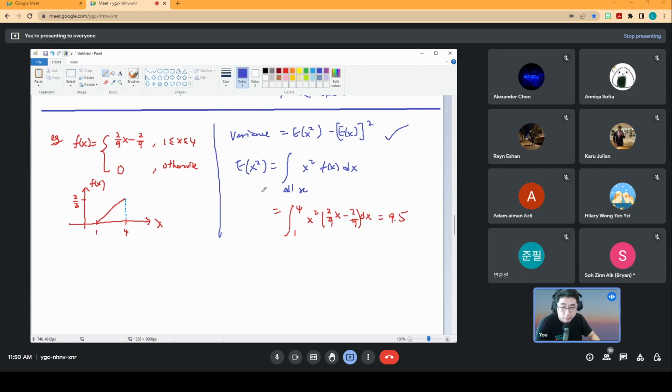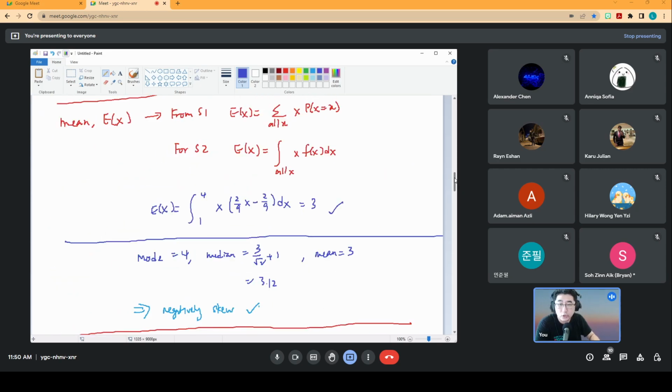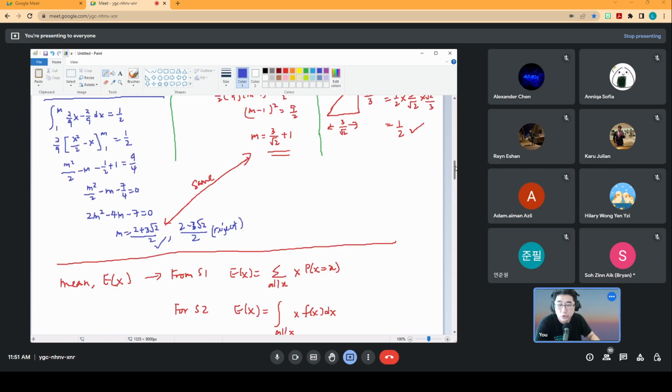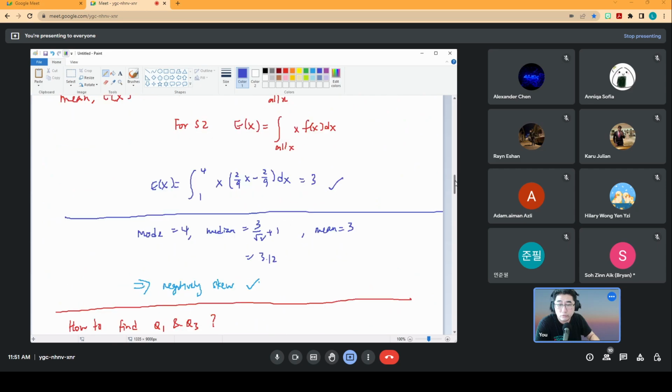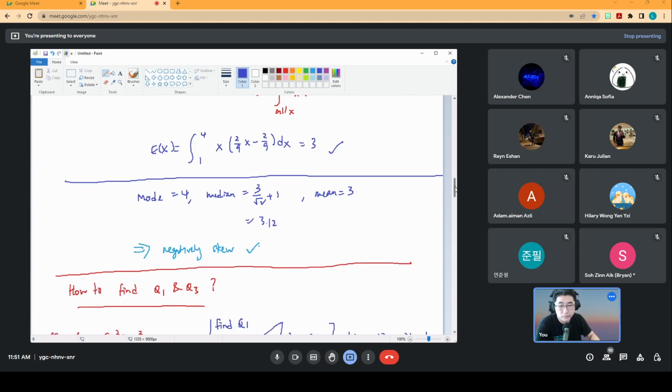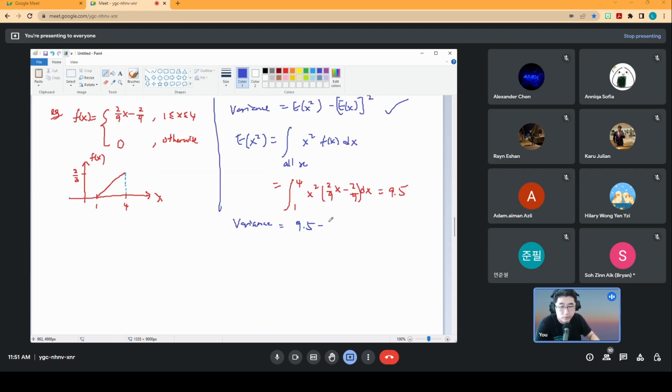Then for your variance here, it goes to 9.5 minus the mean that we have earlier, which is 3, squared. So the answer is 0.5.